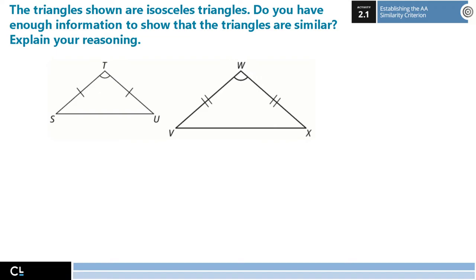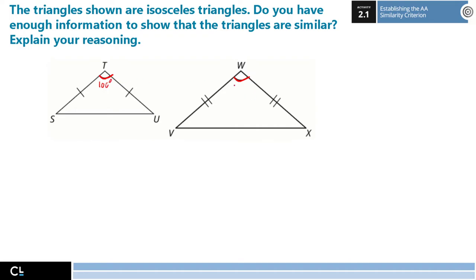Now, it basically looks like the same problem we just had on the last slide, except we have one key feature here, and that's that angle T is congruent to angle W, right? Angle T is congruent to angle W. And what I want to show here is I want to pretend like angle T and angle W are 100 degrees.